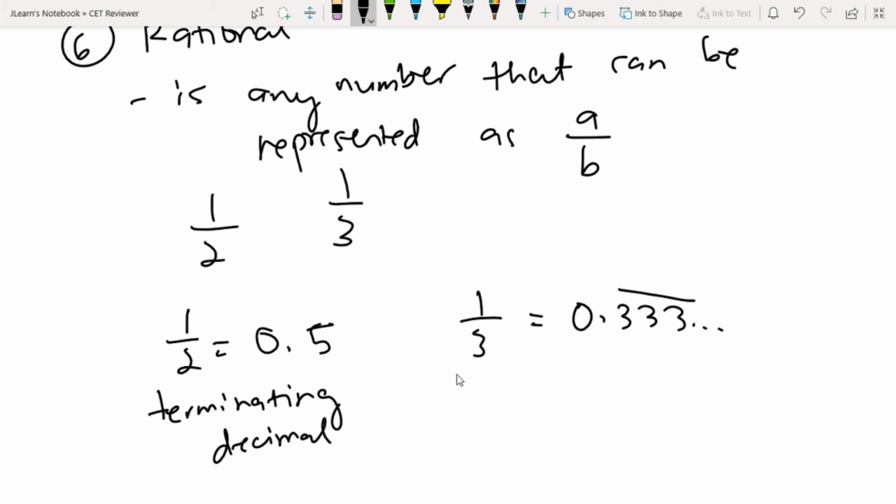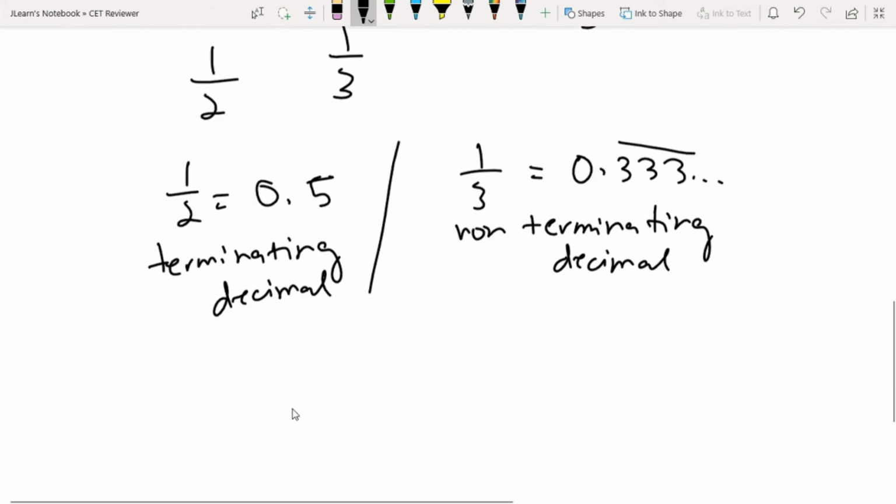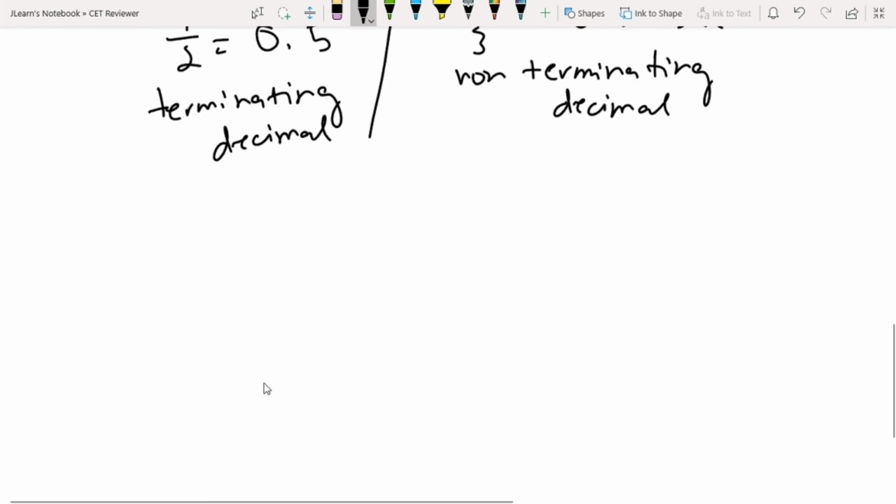And then yung 1/3 as a non-terminating decimal. Okay? So, basta yung terminating decimal ay yung nagte-terminate and then yung non-terminating yung infinite number of decimal points. Paano naman yung mga hindi natin kayang i-represent as a fraction, no?